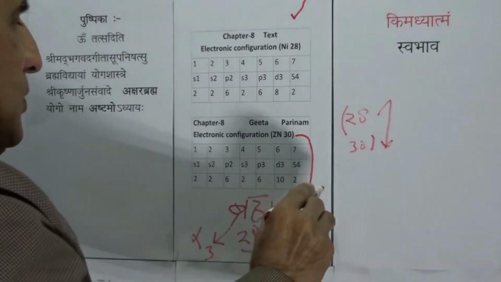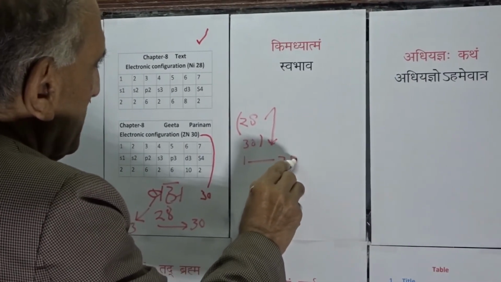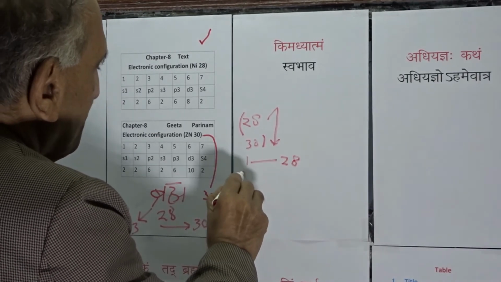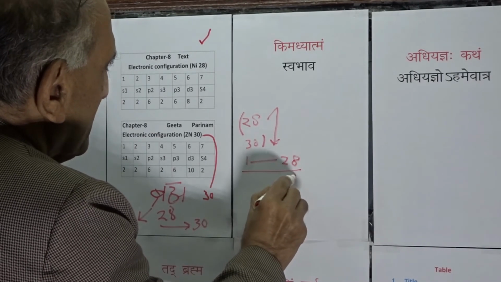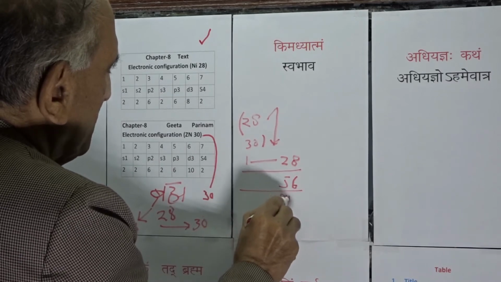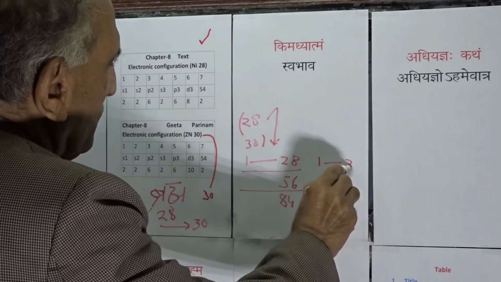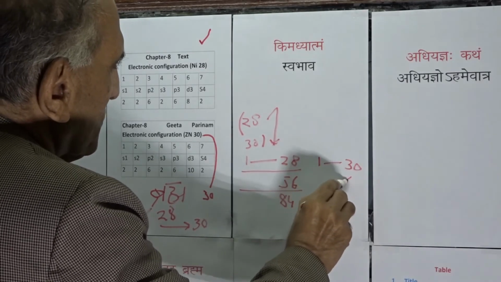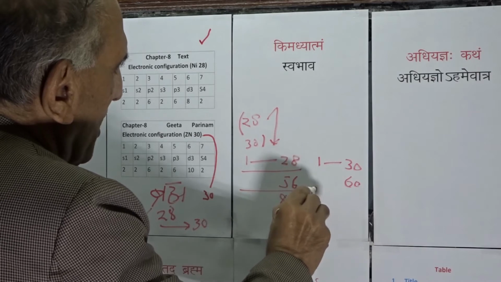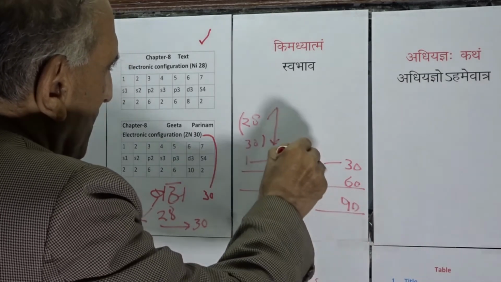Further, we know that values range 1 to 28 leads to 56 factors of a linear format and 84 of the spatial format. Further, values range 1 to 30 leads to 60 factors range of linear format and 90 factors of the spatial format.